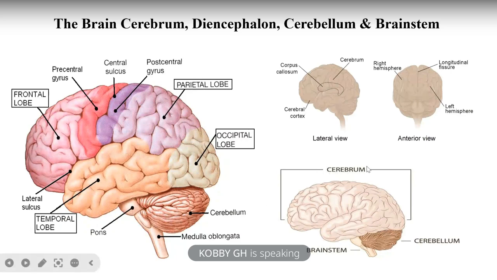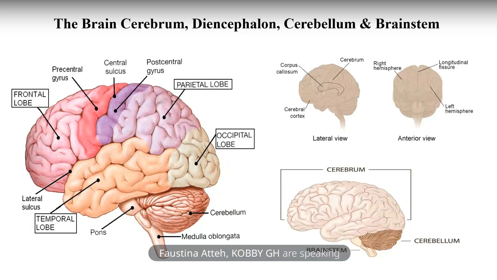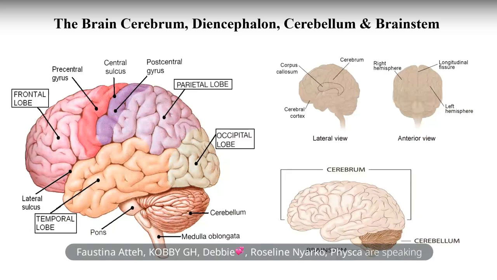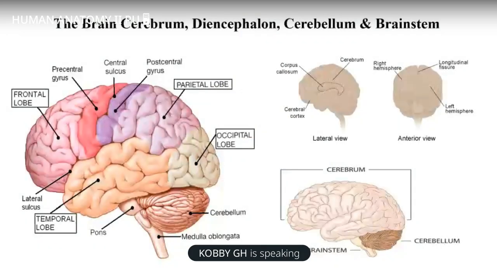Now, the cerebrum, in some literature, you can also call it the telencephalon. I want you to say this after me. Say telencephalon. Good. That is another name for the cerebrum.